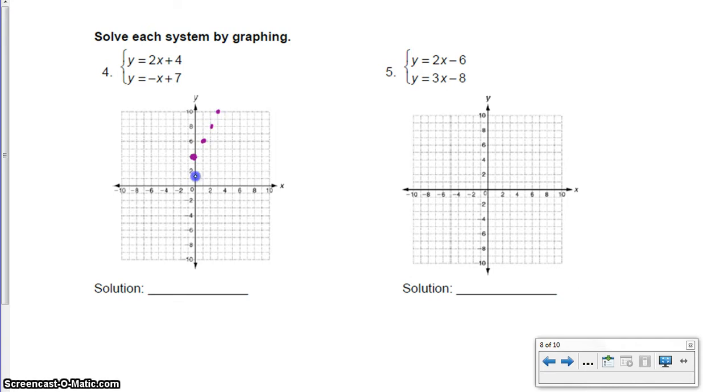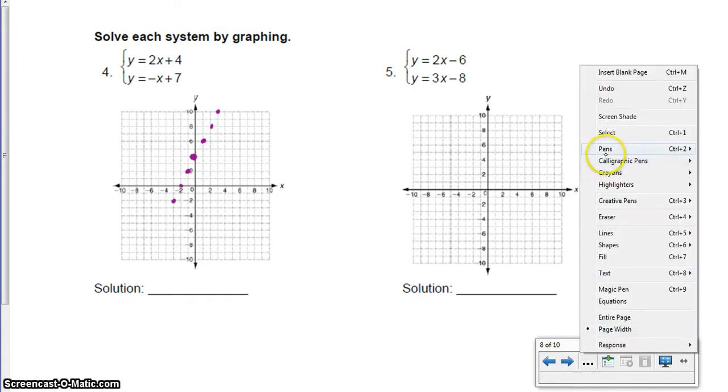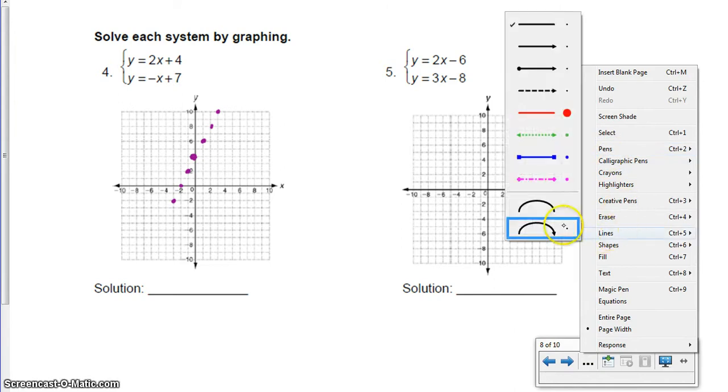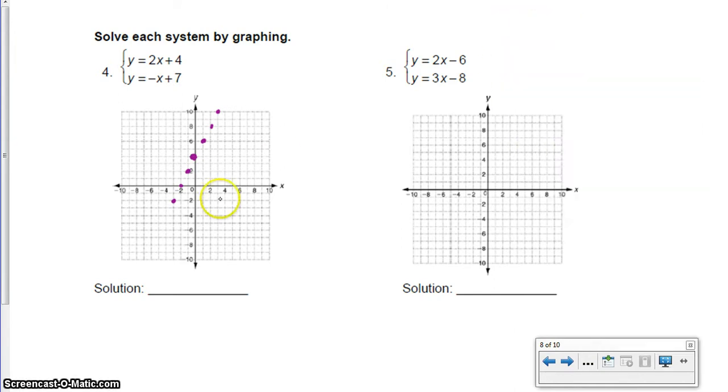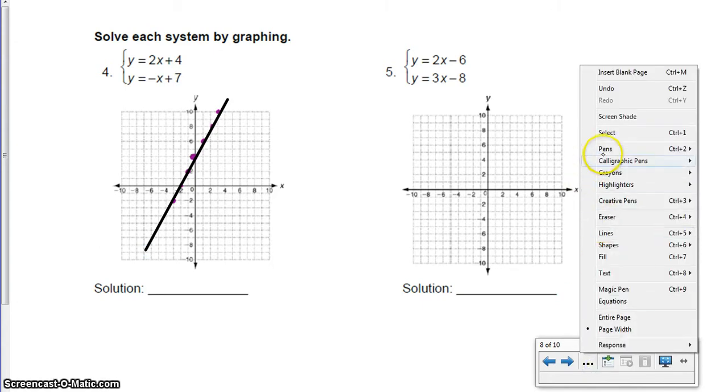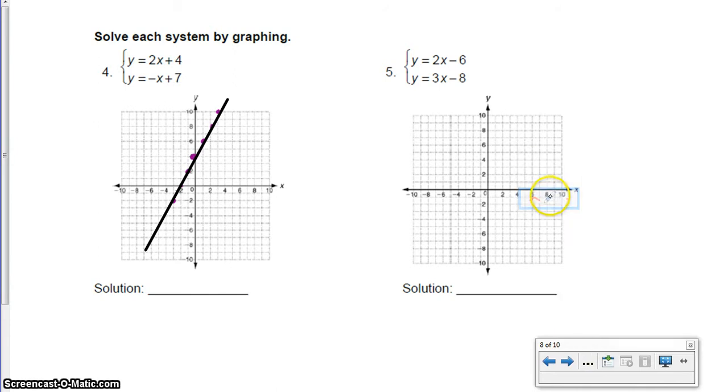Okay? Again, here's a hint. At this point, Mrs. Rose is making a discrete graph, but since this is a system of equations with linear models, she has to make the graph continuous. So she goes ahead and puts in the first equation, and then she puts in the second equation.